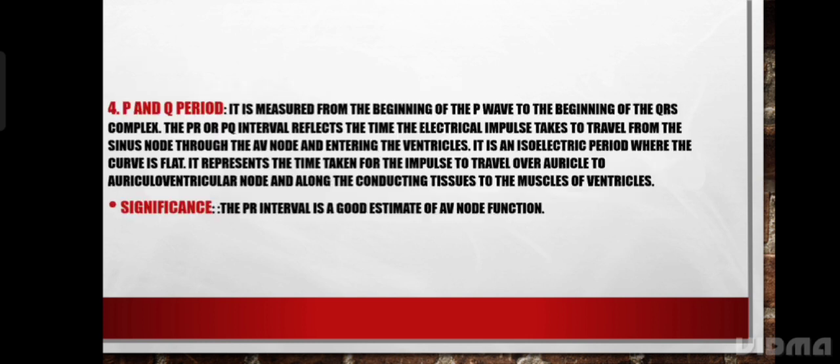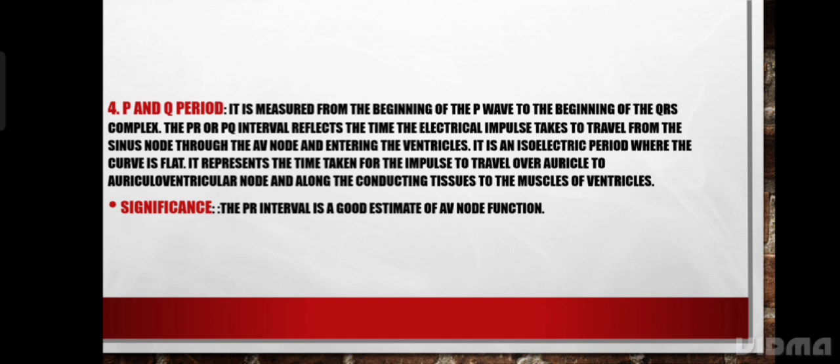Fourth, PR or PQ interval. It is measured from the beginning of P wave to the beginning of the QRS complex. The PR or PQ interval reflects the time the electrical impulse takes to travel from the SA node through the AV node and entering the ventricles.